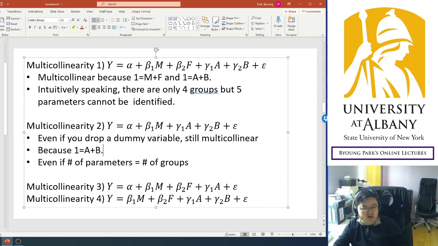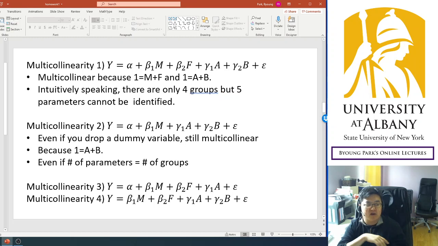First, you have to tell that multicollinearity remains here. The same problem, M and F, remains here, and the same problem remains here: M plus F equals A plus B. So it does not work. The second, third, and fourth models have 4 parameters, but they cannot handle these 4 groups. It is easy to see where the multicollinearity is and why it is a problem.